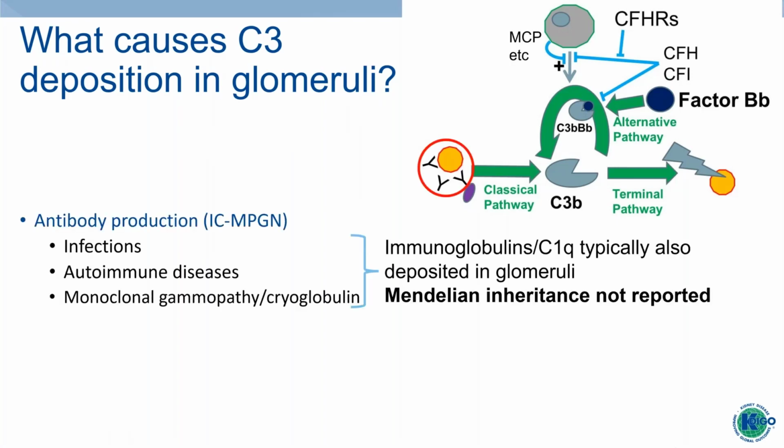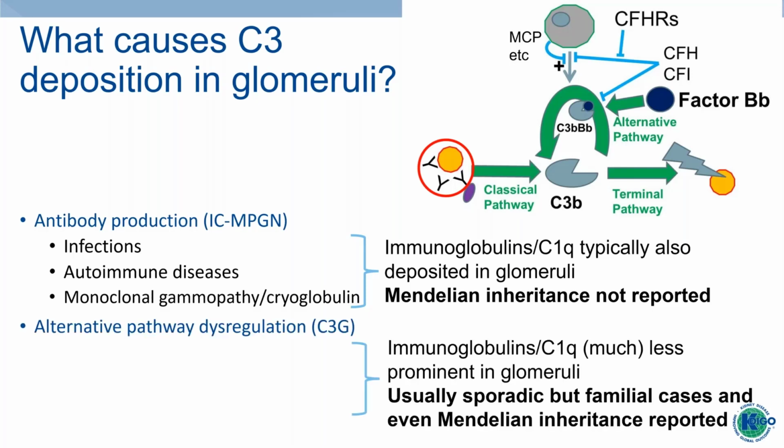So where there's immune complex MPGN, this usually results from increased antibody production, which may result from chronic infection, may result from autoimmune disease or monoclonal gammopathy or cryoglobulinemia. And this is not reported to occur in a Mendelian fashion.